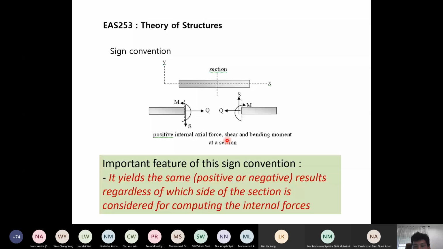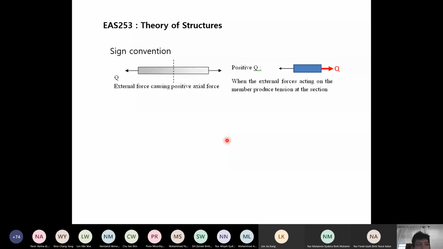And the next slides, I'm going to share with you, there is a meaning of this sign convention, the positive directions. Positive Q means if I cut here, so I get the Q appear. So if I use the left-hand side of the cut section here, the Q is pointing to the right.